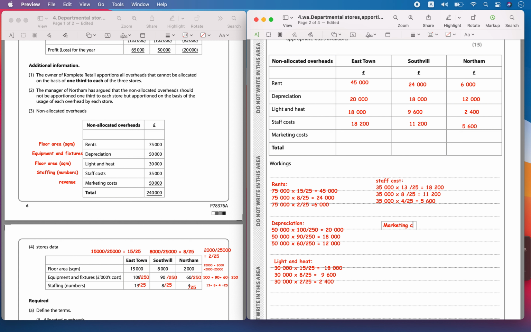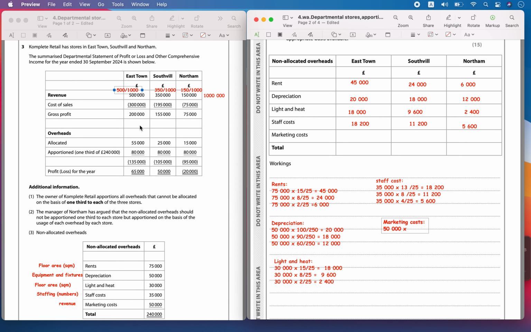The total value is 50,000 times, this is split in the ratio of the revenue. So 500 divided by 1000, then the second one is 350 over 1000, and for the third, Northam, it is going to be 150 over 1000.